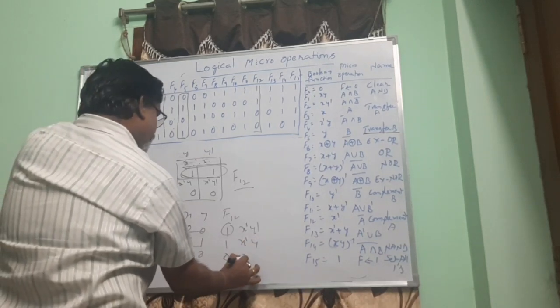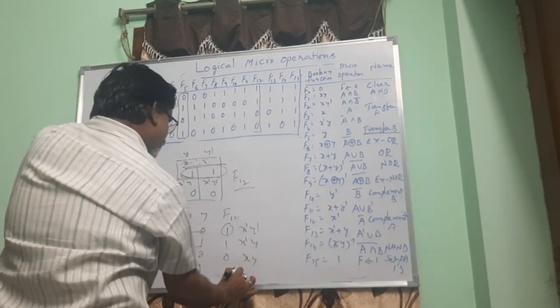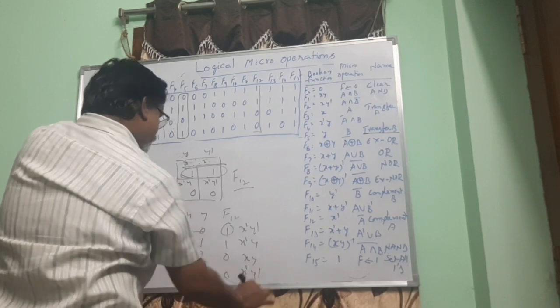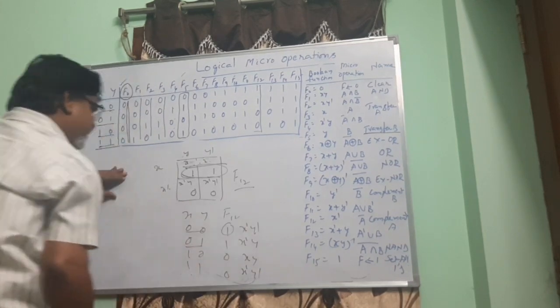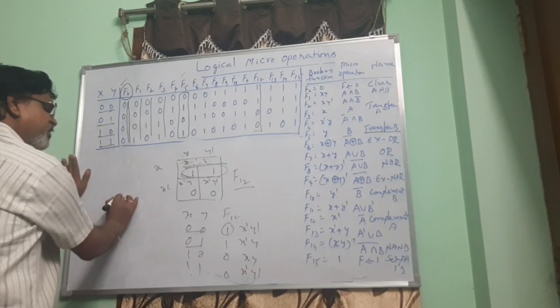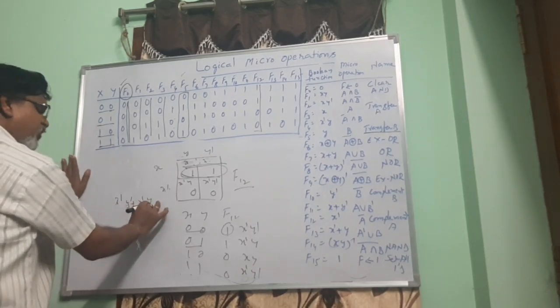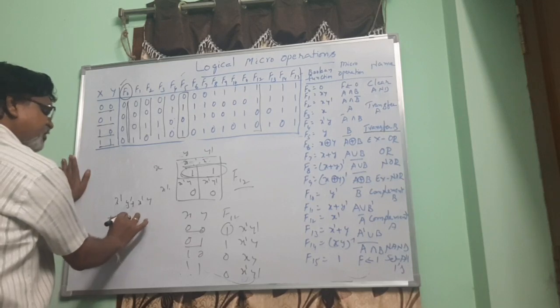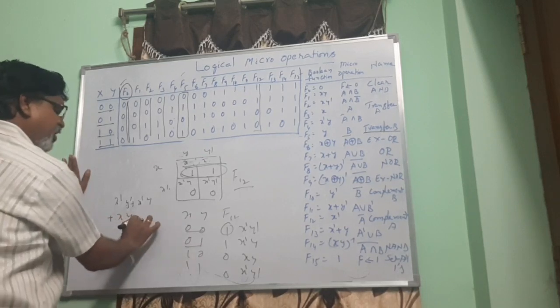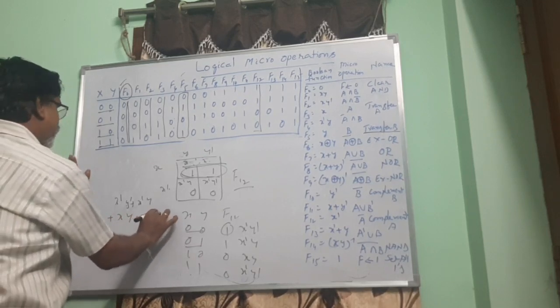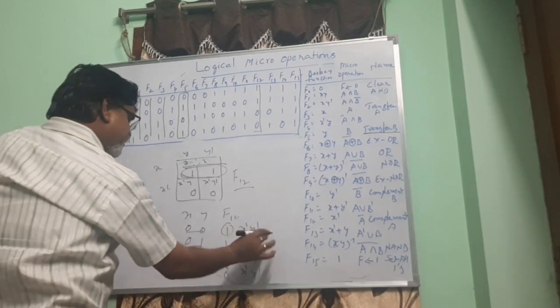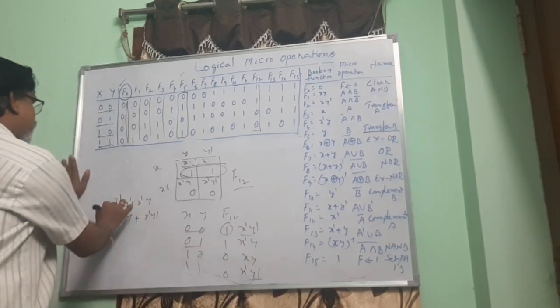This is x, y. This is x bar, y bar. Now if you add these four, so x bar y bar plus x bar y plus x y plus x bar y bar.